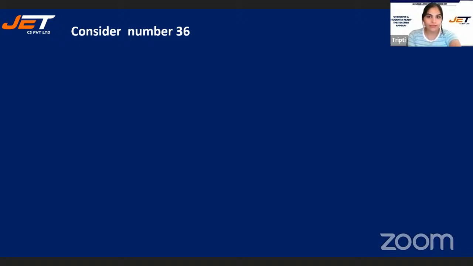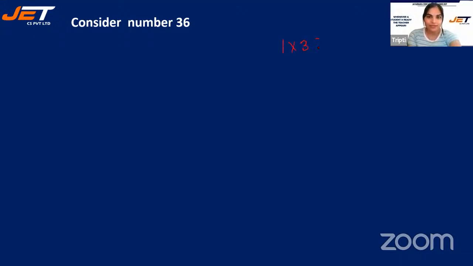Okay. Let's do it now. So over here, number 36, 1 times 36, 2 times 18 or 36 times 1, 2 times 18, 18 times 2, 3 times 12 or 12 times 3, 4 times 9 or 9 times 4, not 5, 6 times 6 is 36, 7, 8, others.